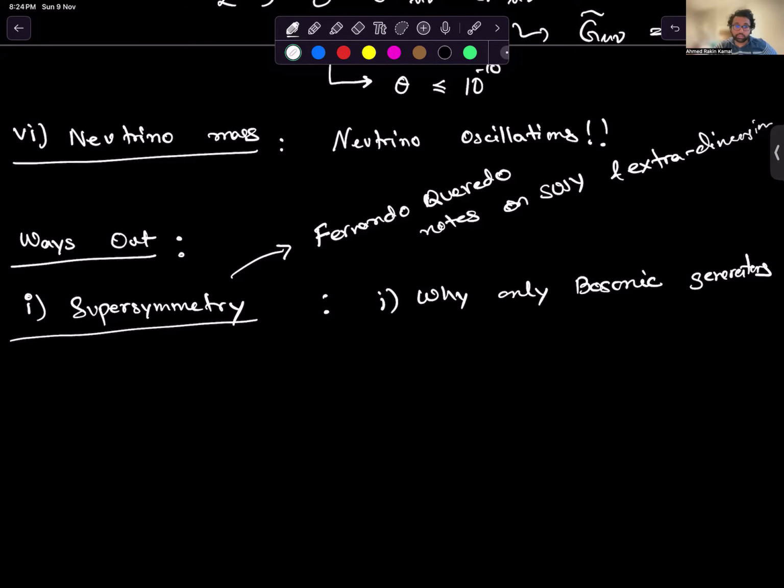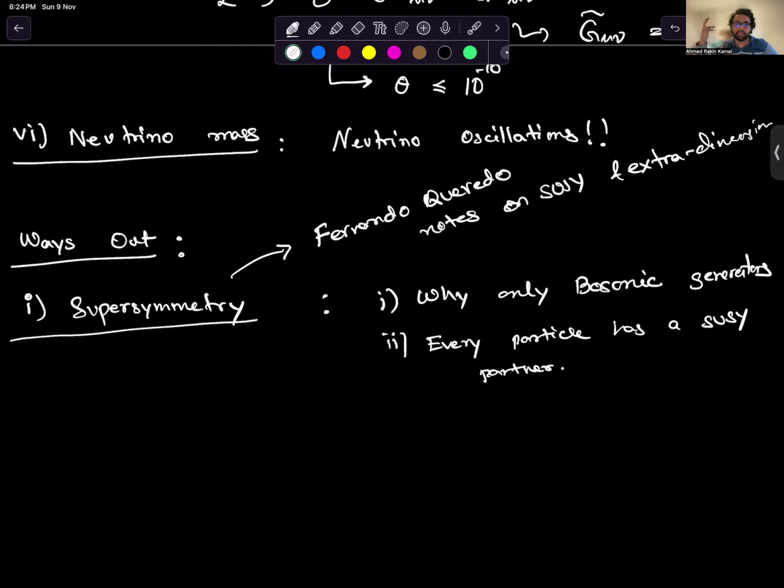And once you include that, a very interesting thing happens: every particle has a supersymmetric partner. For example, every boson has a fermionic superpartner.